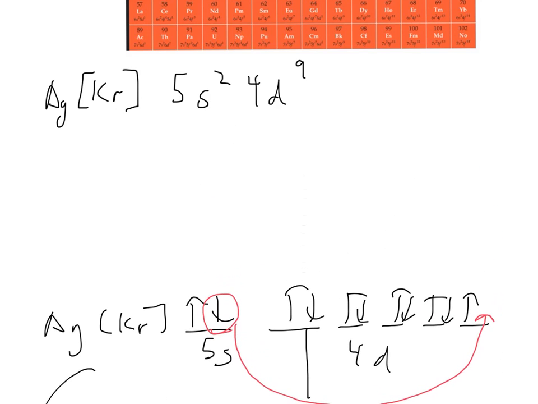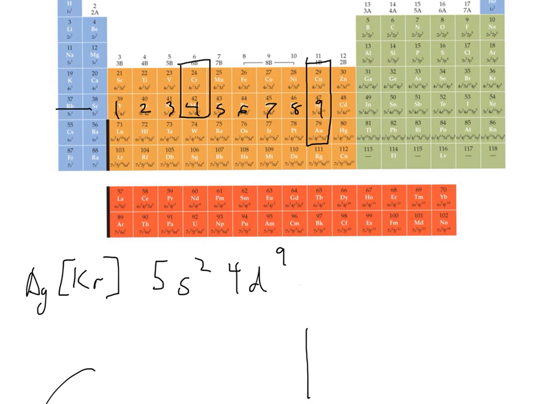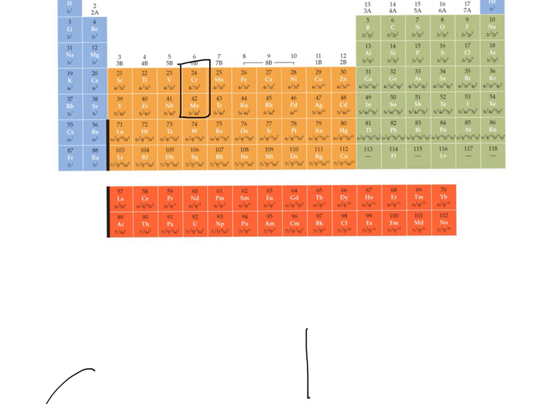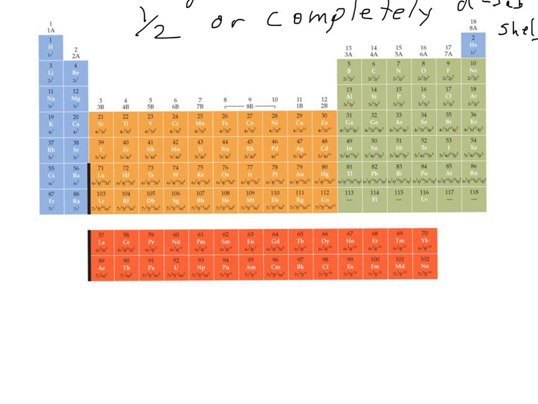Some elements are so extreme in their desire to have that completely filled or half-filled d subshell that they'll actually move multiple electrons around, as in they'll move 2 electrons around. The classic example of that is right here, palladium.